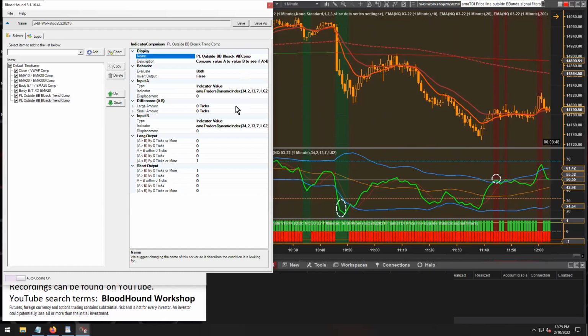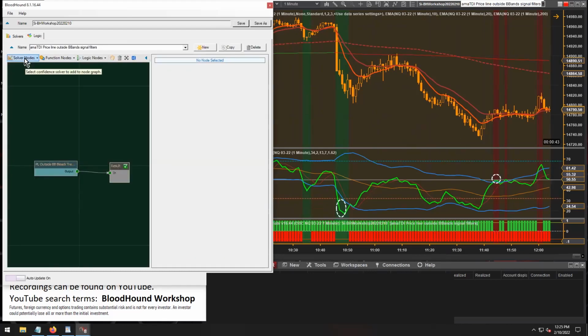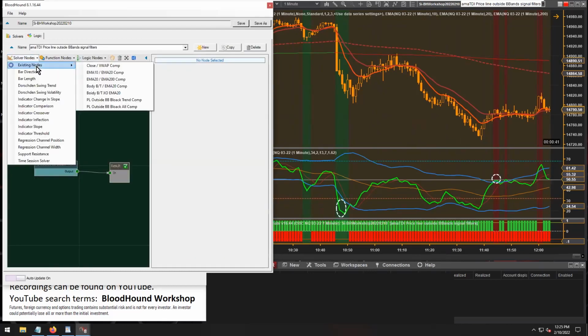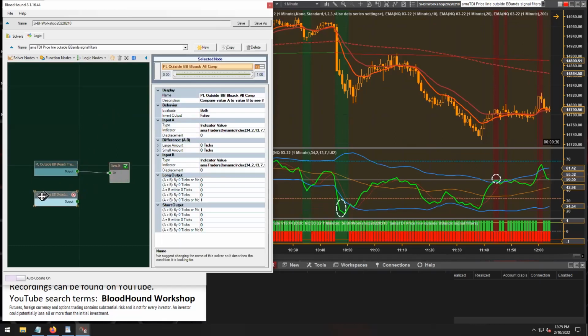There we go. And I'll rename this to block all. Okay, so let's put that node on the board here. Here's that comparison solver I just made. It says that I named block all. So there we go, let's put this on the board.